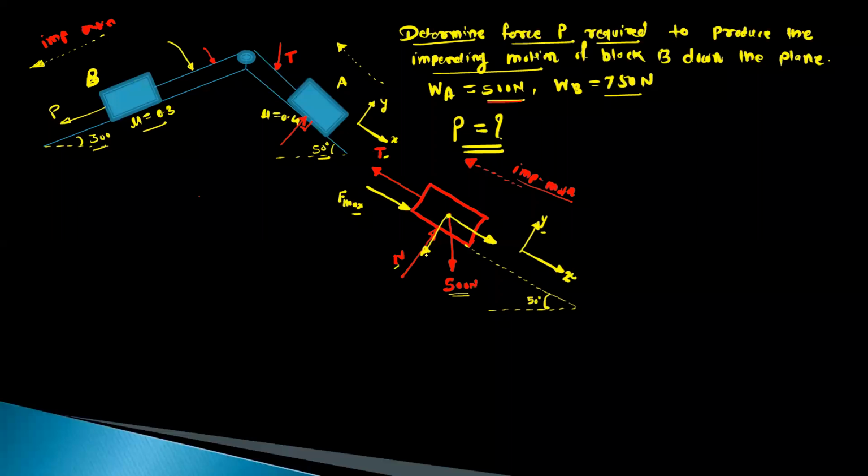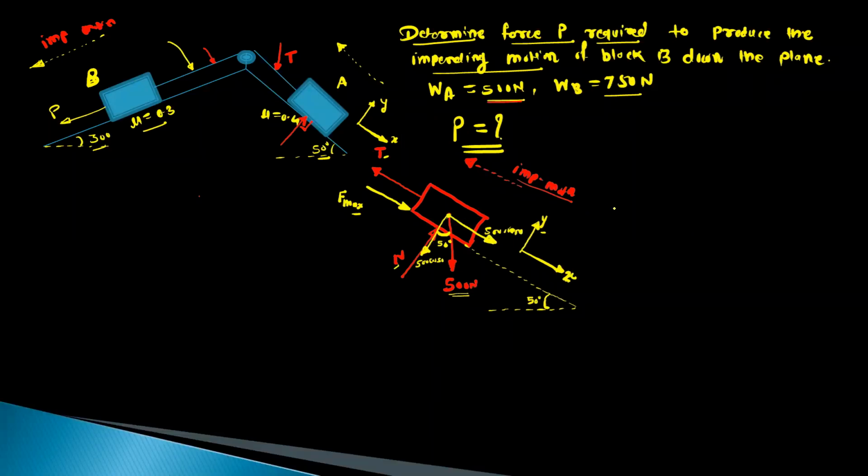Now this y component will make the angle 50 degree with the 500 Newton. So y component is the adjacent component, equal to 500 cos 50, and the x component is 500 sin 50. In this way you can draw the free body diagram.